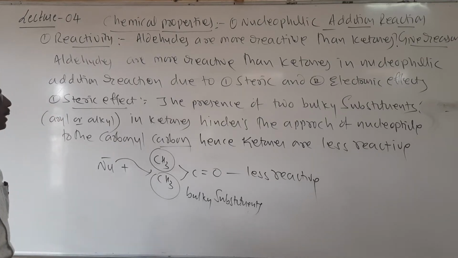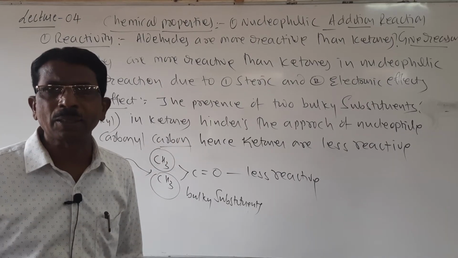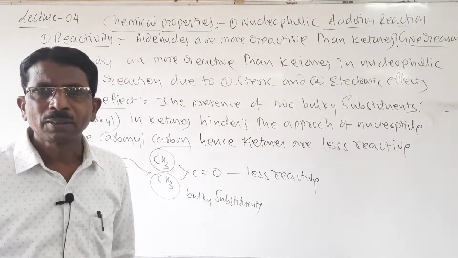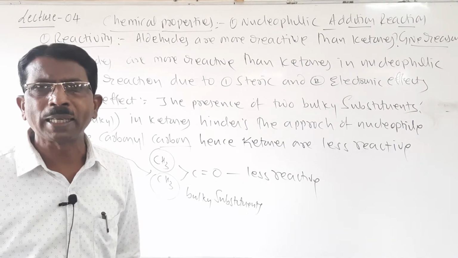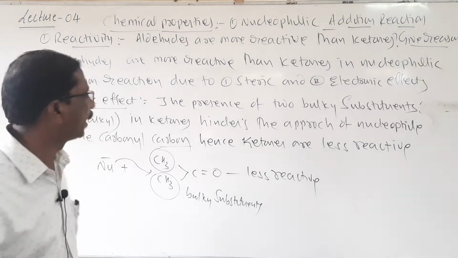So what happens in case of aldehydes? In case of aldehyde only one substituent is there, only one bulky group is there, and another small atom is there, and therefore the nucleophile can approach easily. So I will show here.